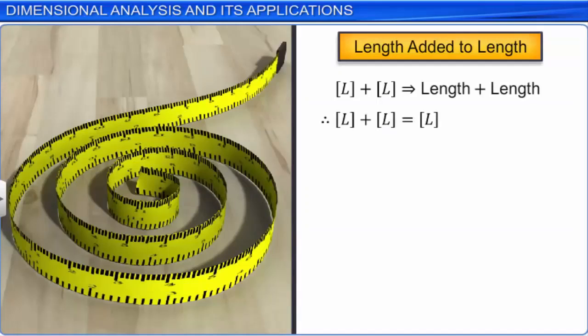So we get length again. It is not 2 times L as we are not adding the magnitudes of the length. This property of a dimensional equation can be used to check the dimensional consistency of equations by analyzing the dimensional formula of quantities on both sides of the equation.